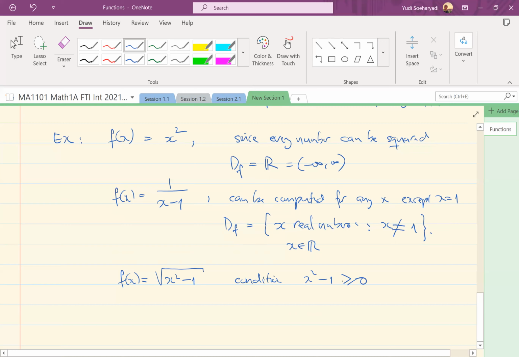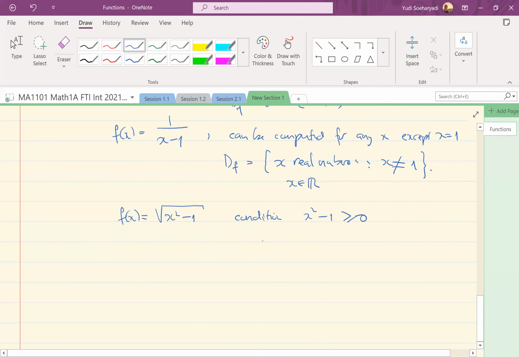Okay. So the domain is x such that x squared minus 1 is at least 0.